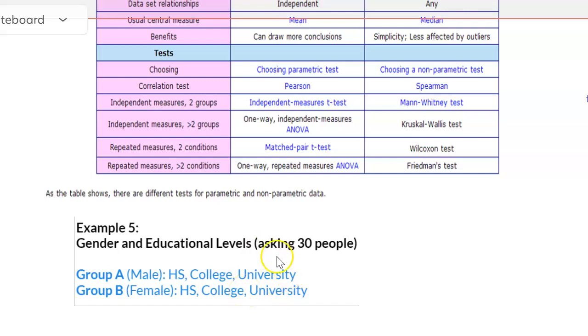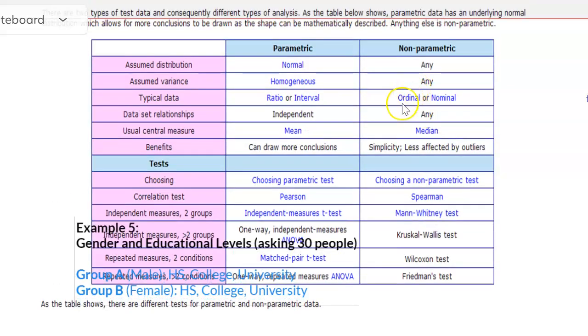So let's look at the type of data that I'm getting. This is the data that I'm collecting. They're going to let me know whether they're in high school, college, or university. Is that quantitative, answered in numbers? Or is that qualitative, answered in words? Look over here: non-parametric is when we have qualitative data.